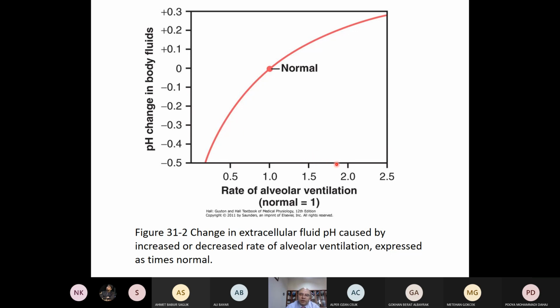When you increase your alveolar ventilation 2 times, 2.5 times, then pH will increase. So there will be alkalosis in this case due to carbon dioxide loss by increased respiration.